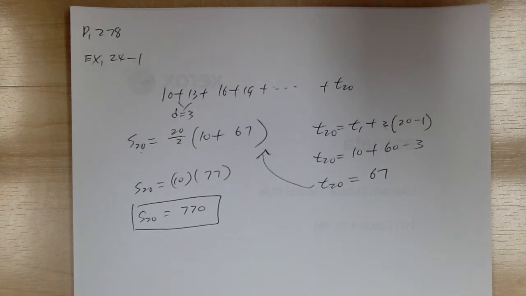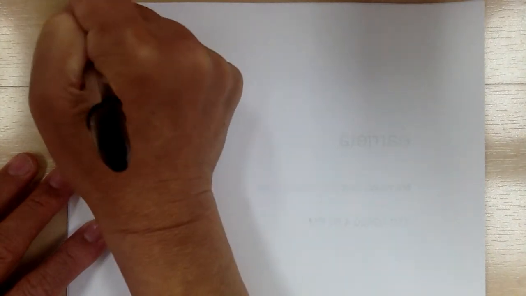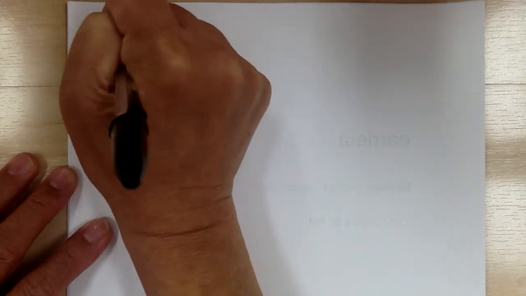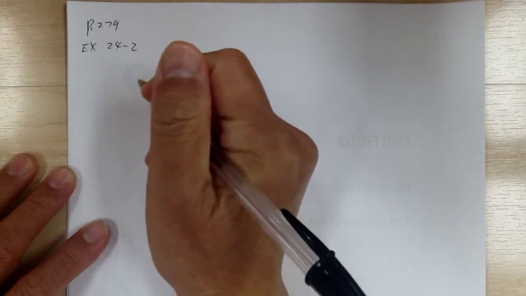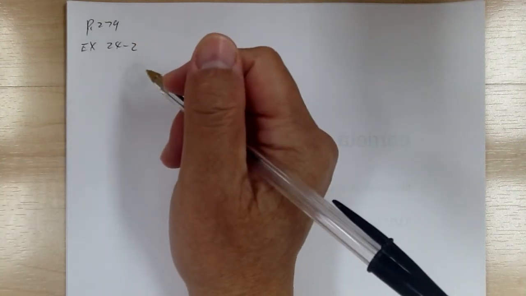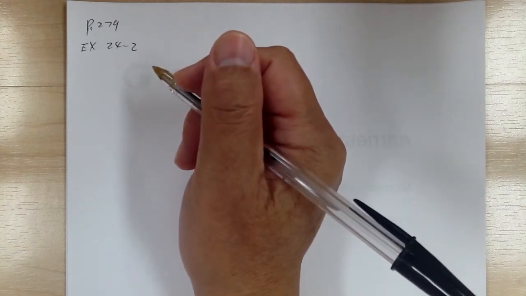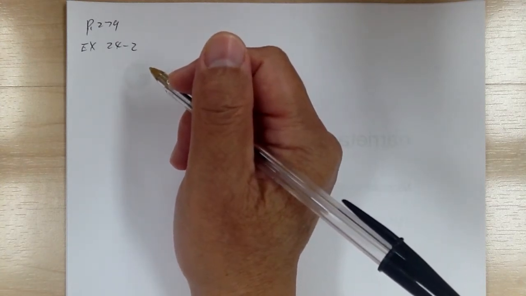Okay, let's go to the next example, example 24-2. Often complicated problems are formed from the basic idea of an arithmetic series, and these are usually pretty easy to untangle. Here's one.